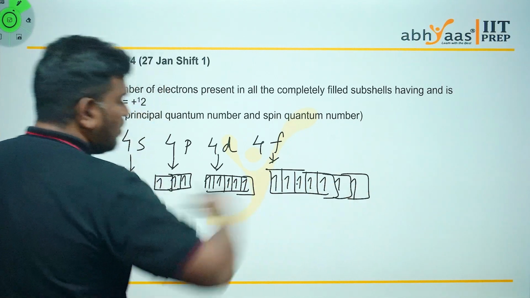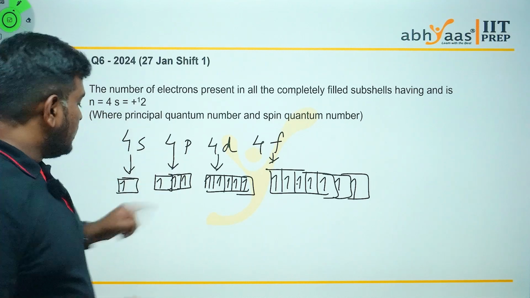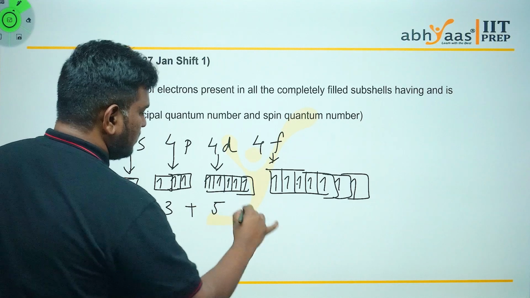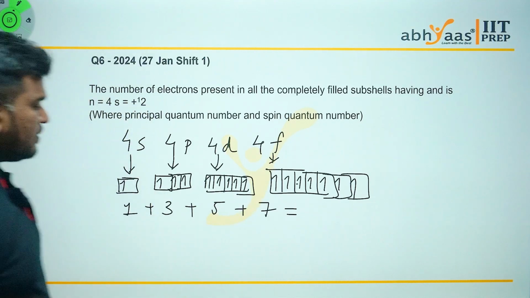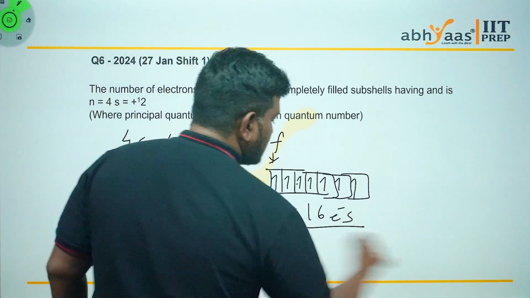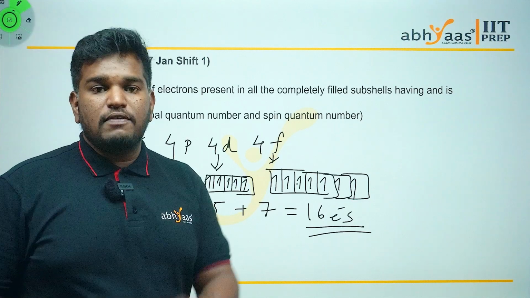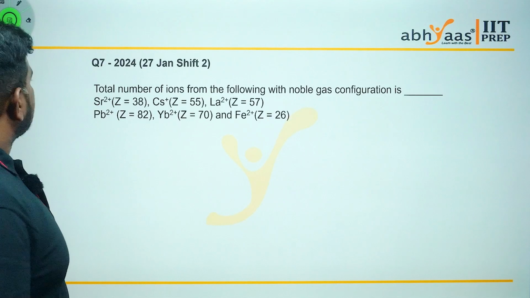And this all will have positive spin, then the other will have negative spin. So just count. Here it is 1 plus 3 plus 5 plus 7. So what will be your answer? 1 plus 3, 4. 4 plus 5, 9. 9 plus 7, 16. So we can say there will be 16 electrons which will have plus 1 by 2 spin in the fourth main shell, right? The next question.